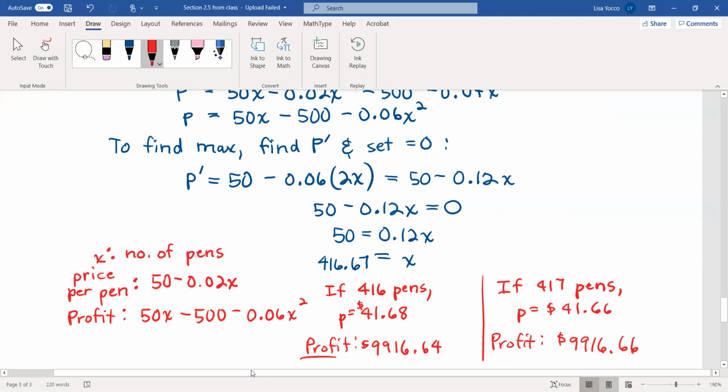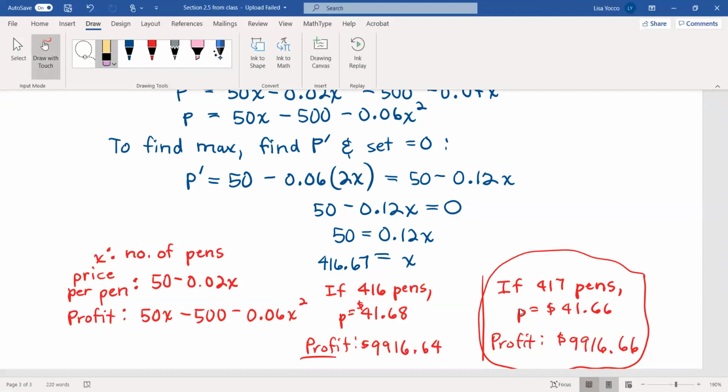So we make 2 cents more profit if we go with the 417, which we'd be tempted to round up anyway. But since we have plenty of time, I thought I'd go ahead and check both to see which is better, okay? That's the price, okay? So that's it.